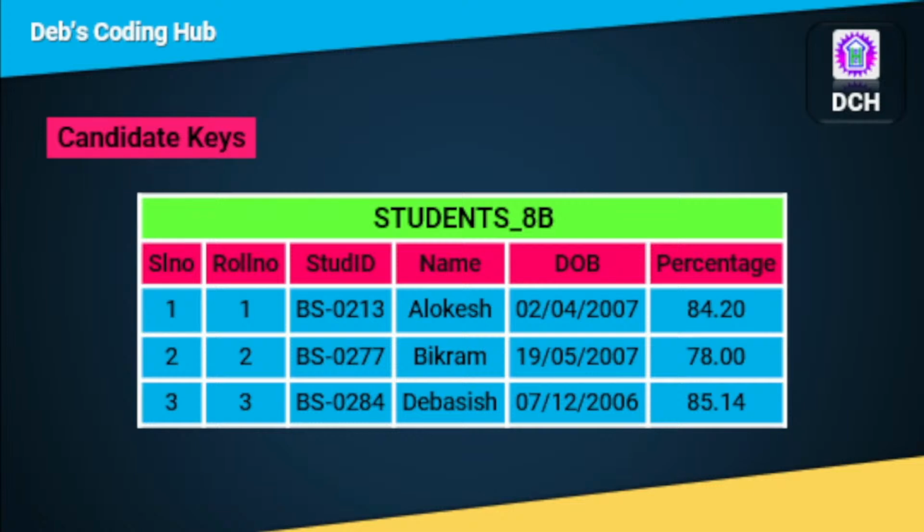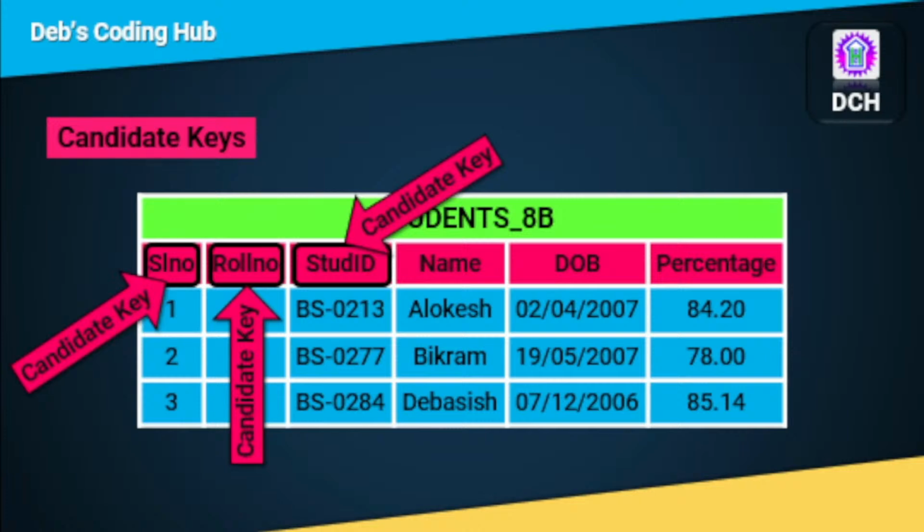So these are the three unique value fields. All these three will be termed as candidate for being the primary key. So they are called candidate keys. So all unique value fields that are capable of being the primary key are called candidate keys. Now remember, the concept of candidate keys prevails until we create the table and set the primary key. Once primary key is set, there is no concept of candidate keys.